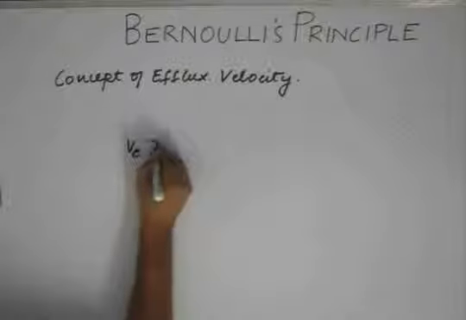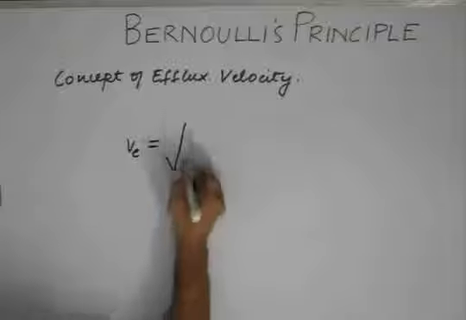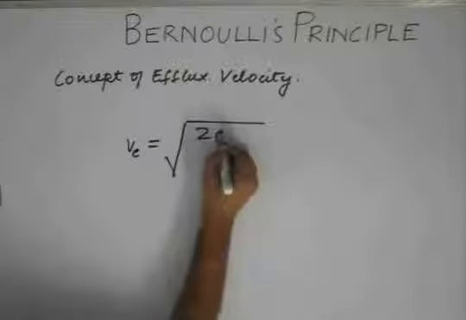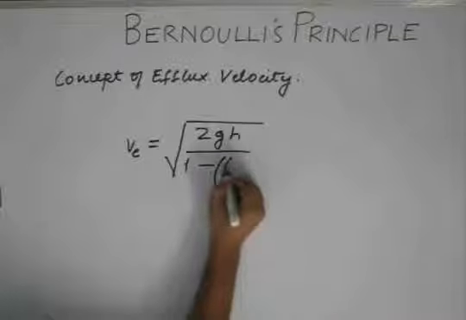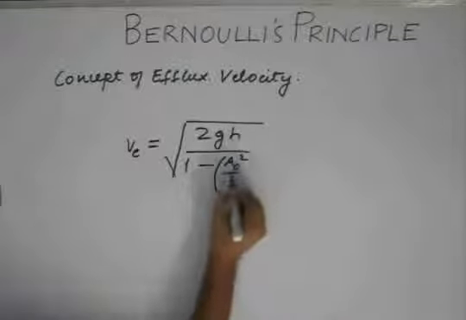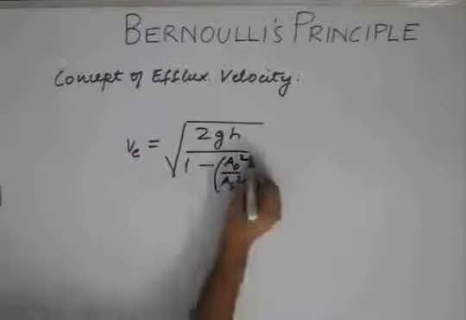We got the efflux velocity as under root 2gh divided by 1 minus AO square by AS square.